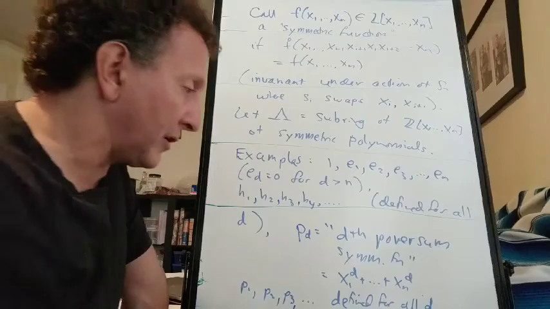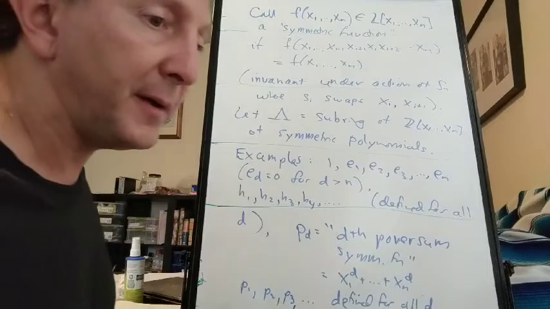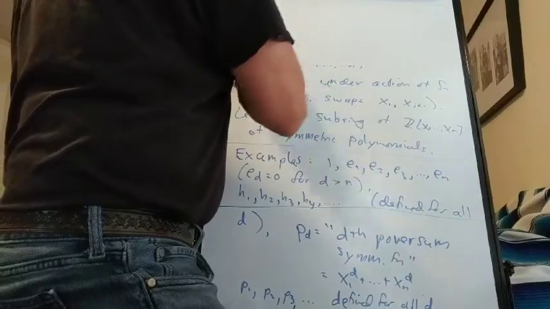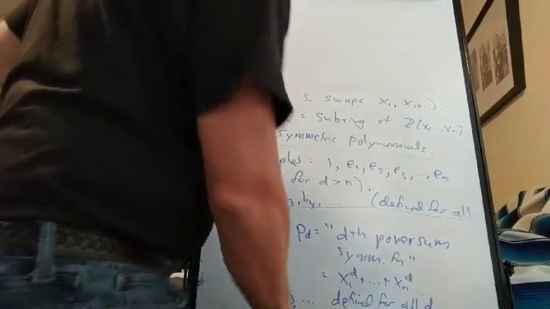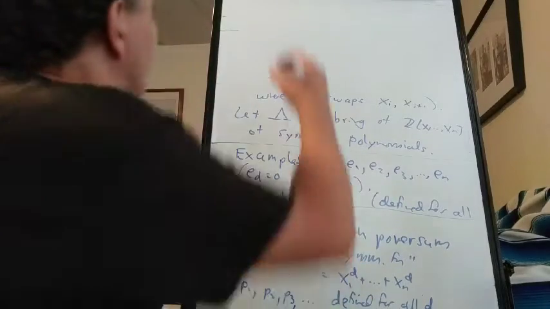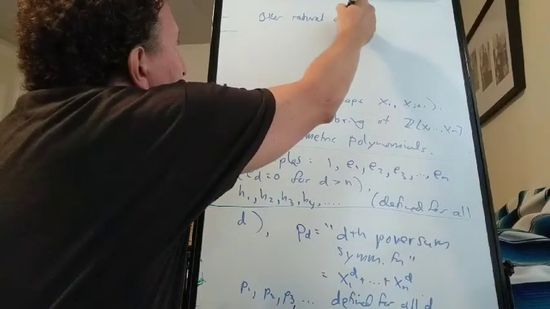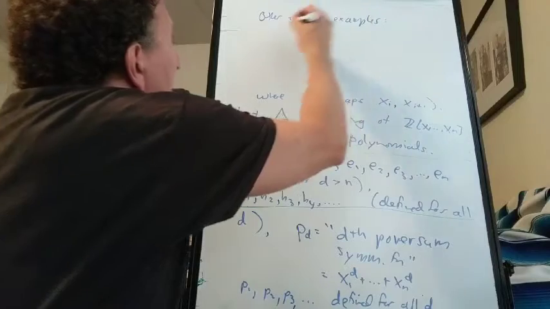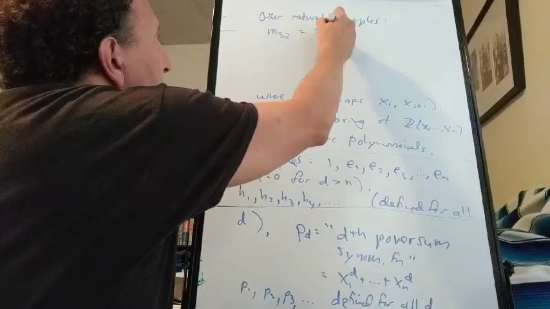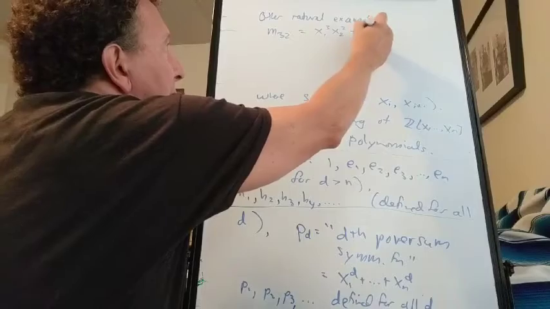There's no d that's so large that we can't take the dth power of these variables and add them up. And then we had other natural examples, things like M32, which is a sum of all monomials where we have one variable cubed and another variable squared.